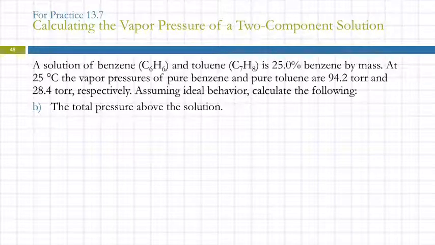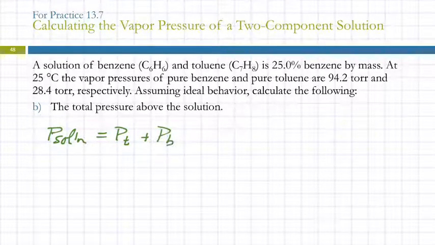Question B, what's the total pressure above the solution? Well, we calculated the pressure of each, and we're told to assume ideal behavior. So the total vapor pressure of the solution is going to equal the pressure of toluene plus the pressure of benzene.